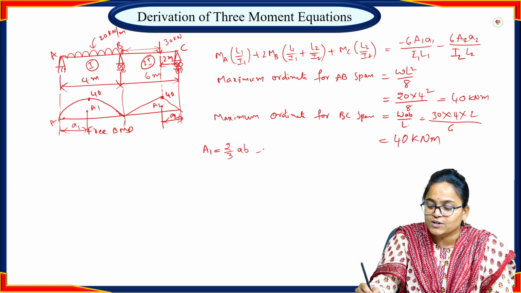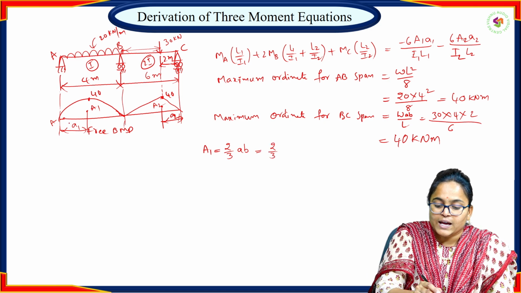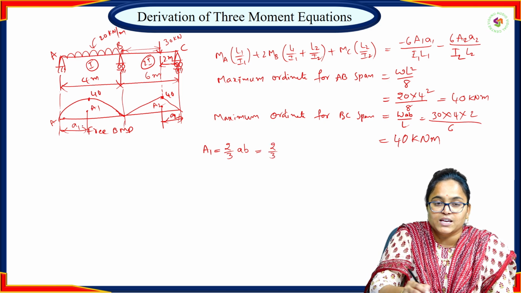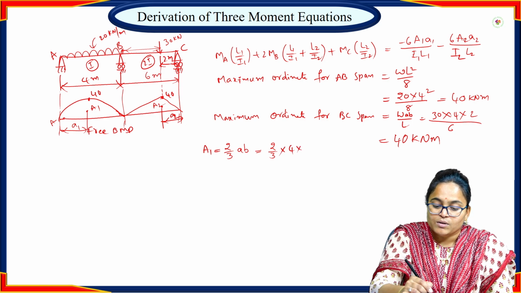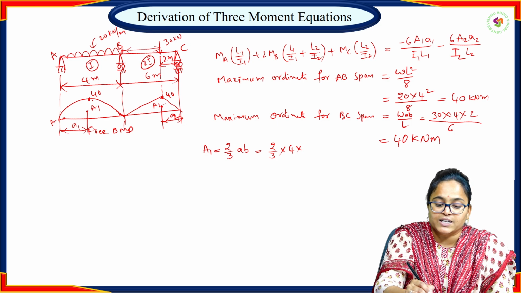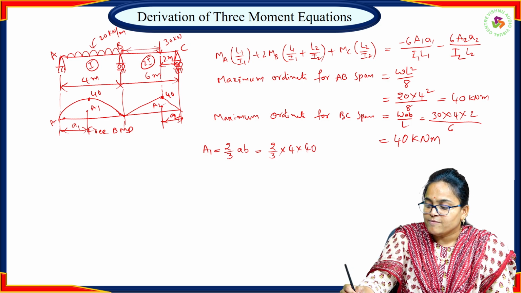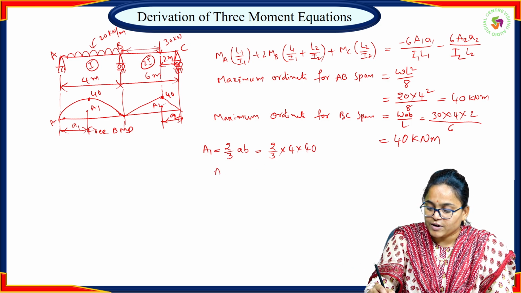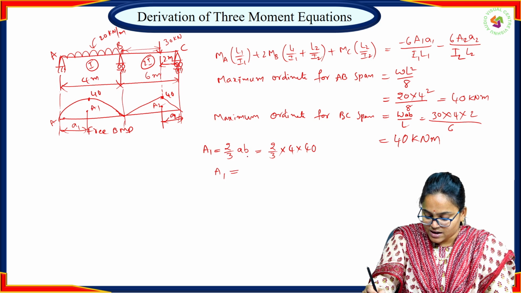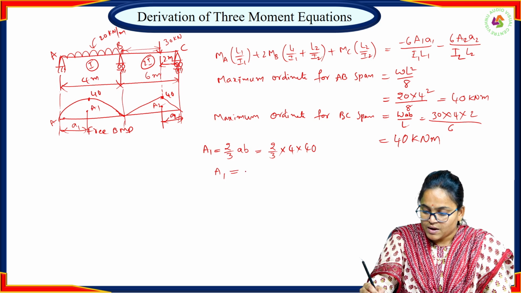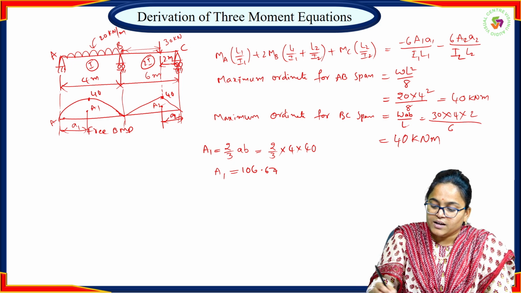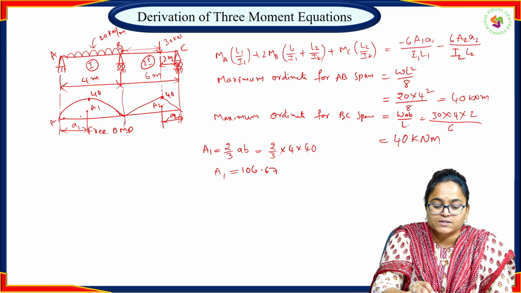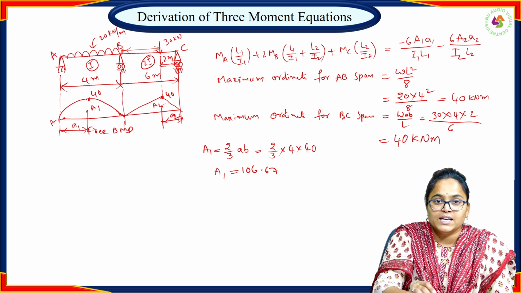So this is equal to 2 by 3 into A, the span of AB, that is 4 meters, into B, the maximum ordinate of the parabola, that is 40. Now from this we'll get area A1 as 106.67.